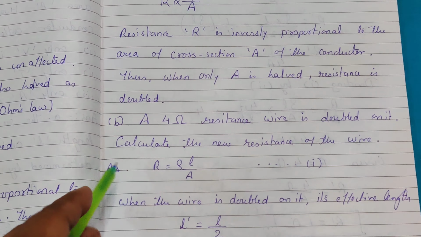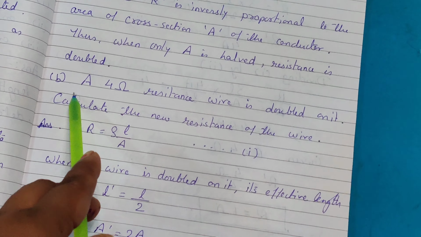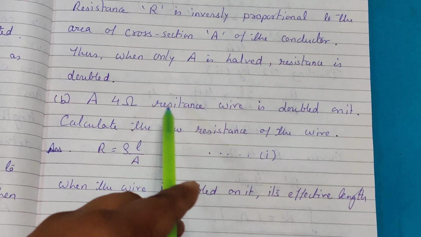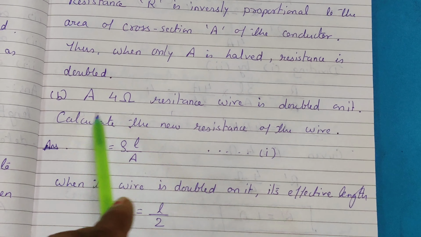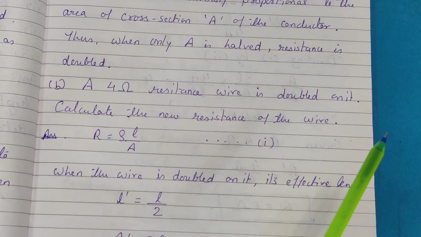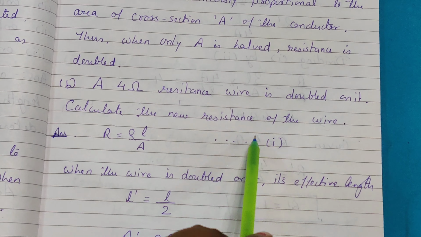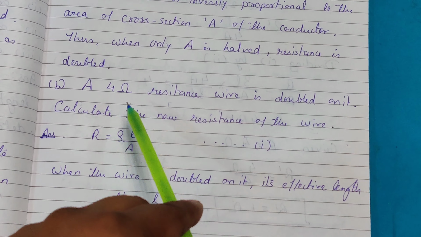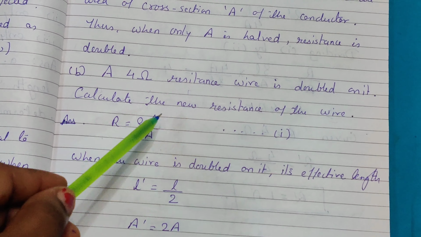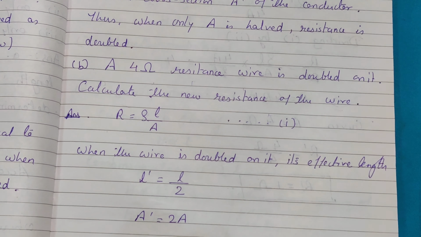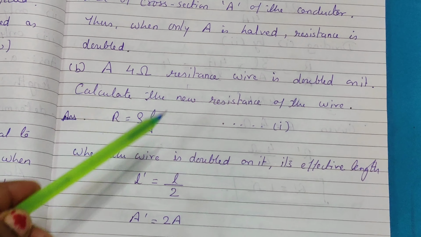Now the sub part of question number 2 has given: a 4 ohm resistance wire is doubled on itself. Calculate the new resistance of the wire. We know R equals rho L upon A. Let us take a new length.